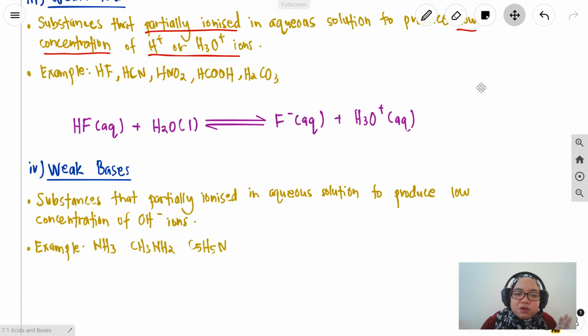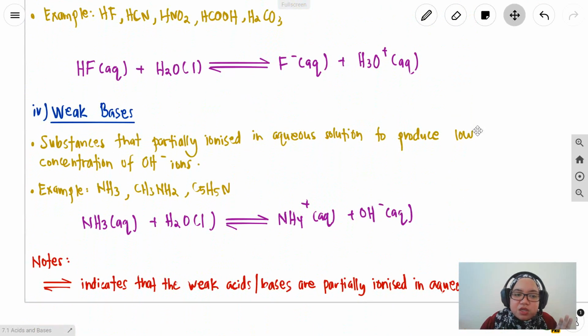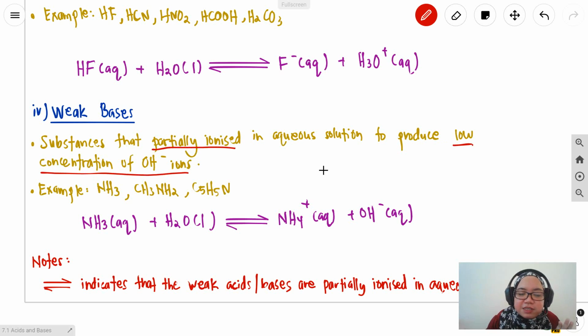Next, we are going to look at what a weak base is. A weak base is a substance that is partially ionized in aqueous solution to produce a low concentration of hydroxide ion. Here we are using this half-headed reversible arrow to indicate that weak acids and bases can only partially ionize in aqueous solution.